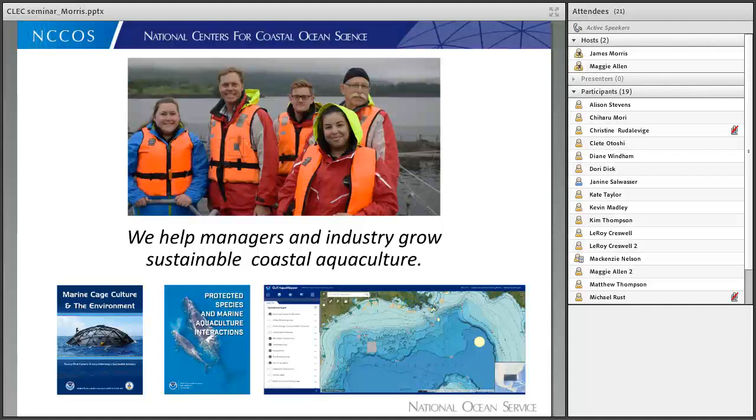Whether you're talking about interactions with marine mammals, any kind of effluent that may be coming from farms, habitat value of farms or habitat impacts of farms, or the different types of water quality interactions that happen around farms.